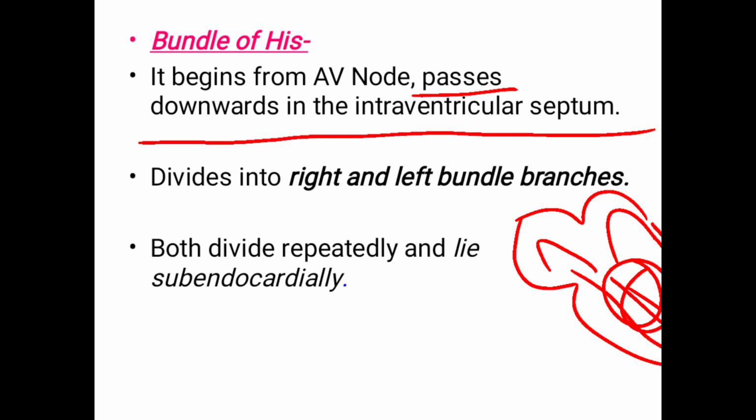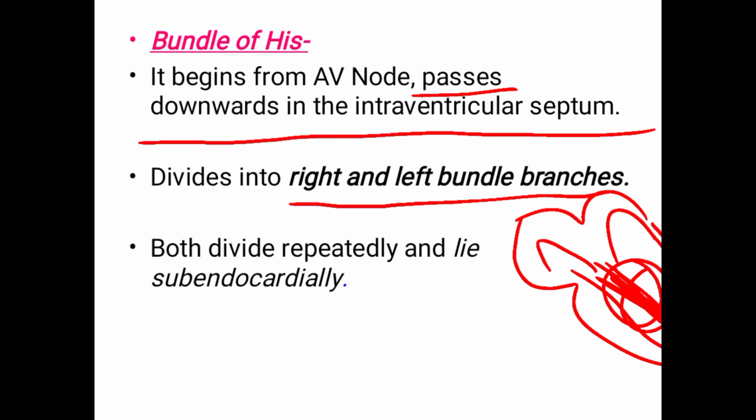Between the ventricles there is a partition called the septum. The bundle passes downwards in the interventricular septum and divides into right and left branches.